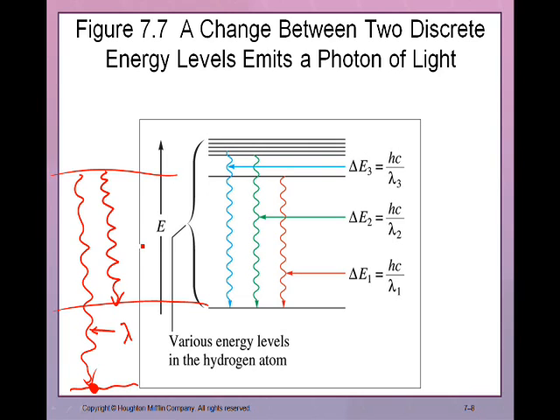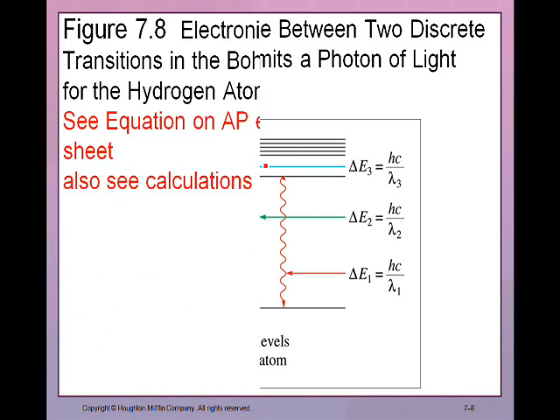So here you see transitions from various energy levels down to the second energy level, and these can produce visible light. And so for ages, in the late 1800s, early 1900s, people looked at this and were puzzled. What causes this? So that was one of the big conundrums.